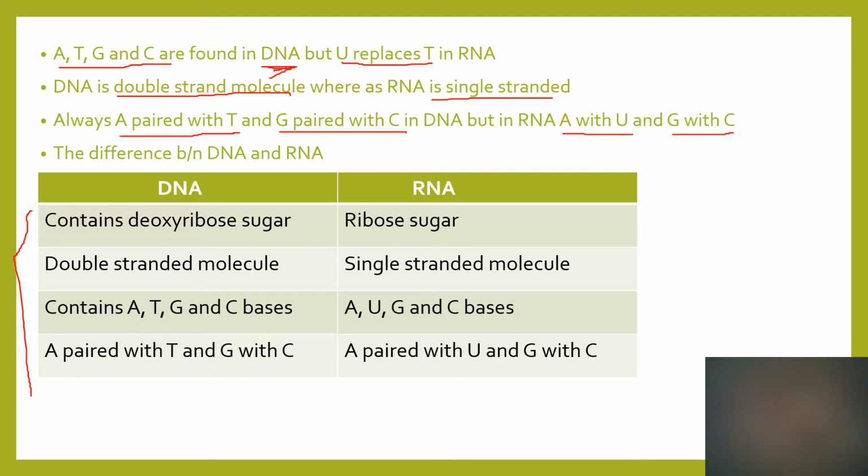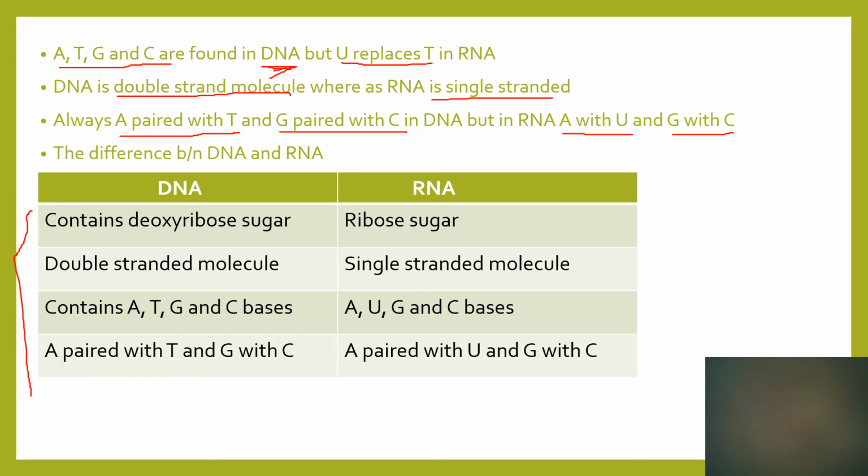DNA contains deoxyribose sugar, whereas RNA contains ribose sugar. DNA is a double-strand molecule, but RNA is a single-strand molecule. DNA contains adenine, thymine, guanine, and cytosine bases, whereas RNA contains adenine, uracil, guanine, and cytosine bases.